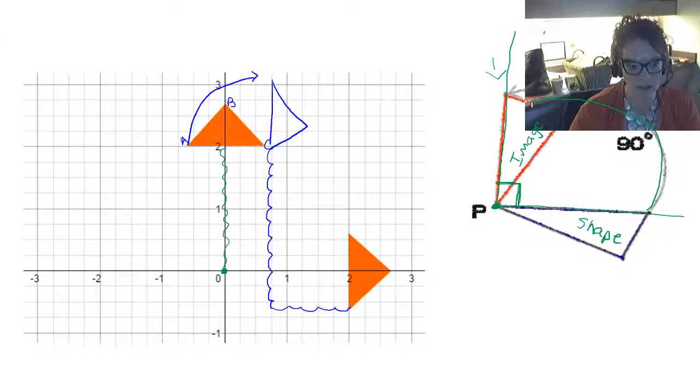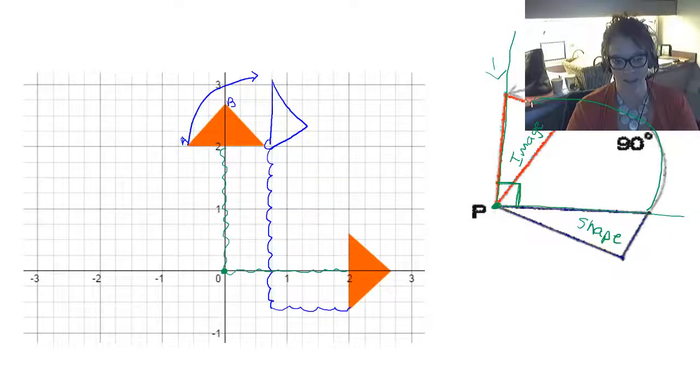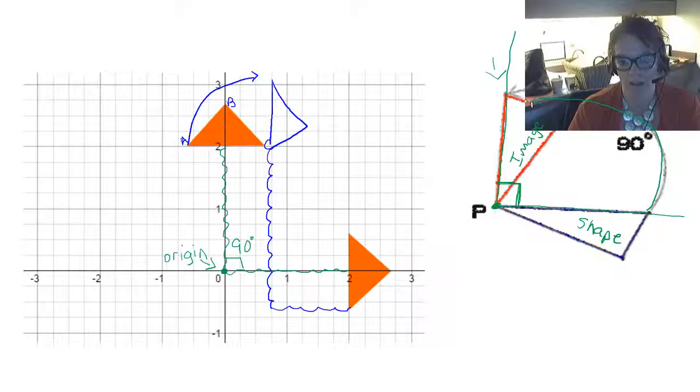And so it's still on that same amount of string, and I've still rotated it 90 degrees, right? Because that's a 90-degree angle right there. But my point of rotation is the origin, which is point 0, 0 right there. Origin. Okay. So sometimes you can rotate it on a pin like we did over here with point P, and sometimes you can rotate it around a point like 0, 0 is what they've picked there.